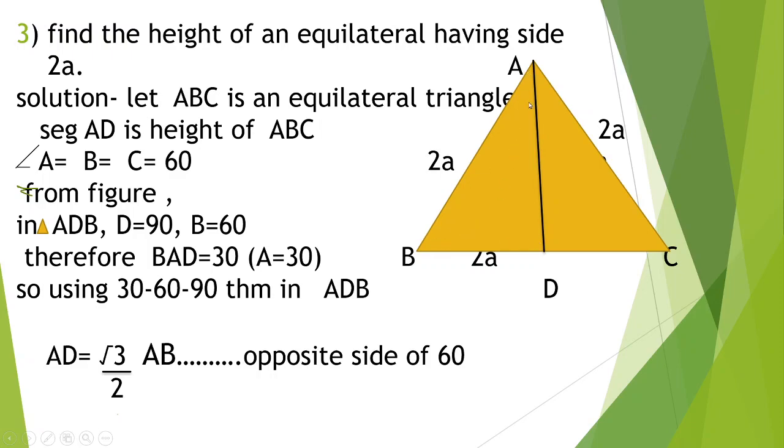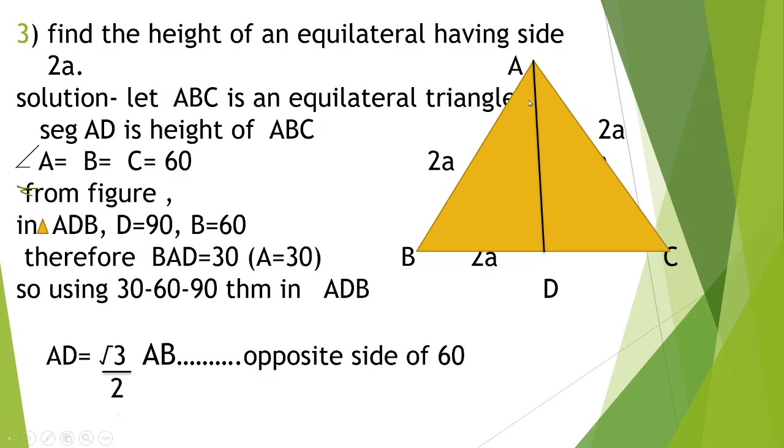In right angle triangle ADB, D is 90 degree, and ABC is an equilateral triangle. We write here A is equal to B is equal to C is 60 degree. So B is 60 degree. Then B is 60, D is 90 in triangle ABD.